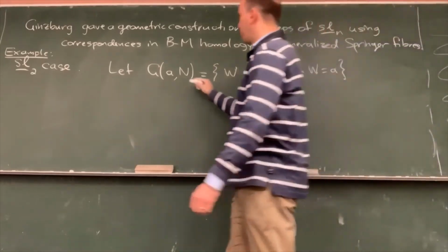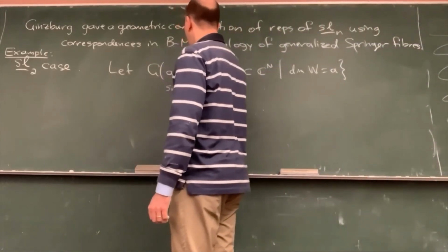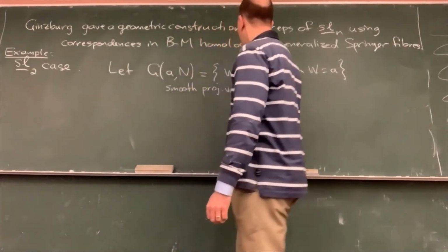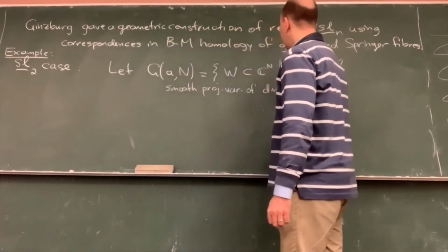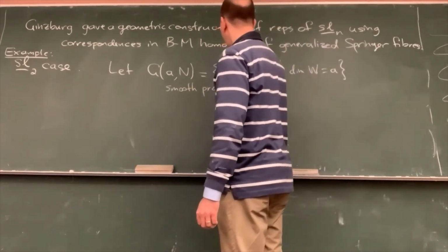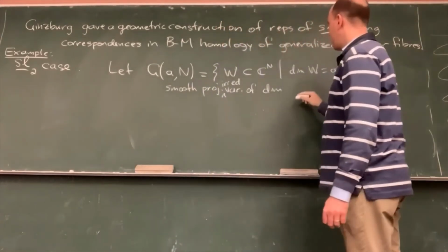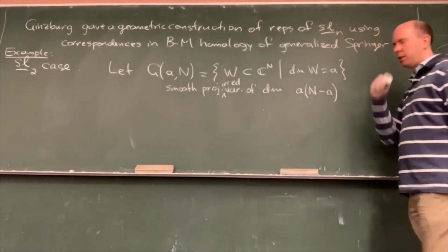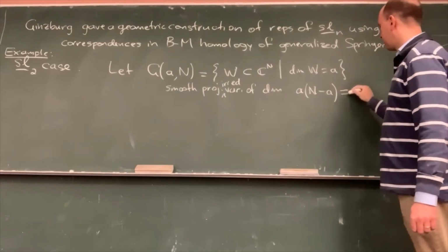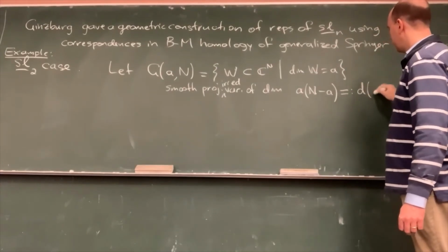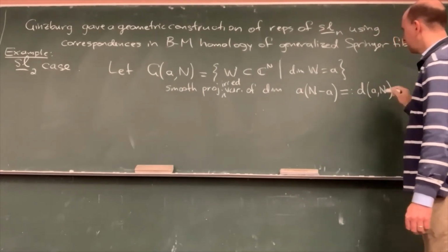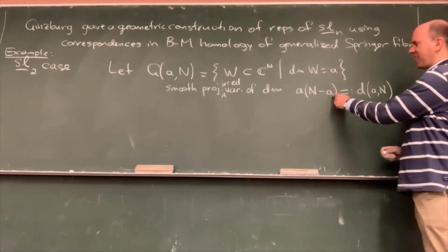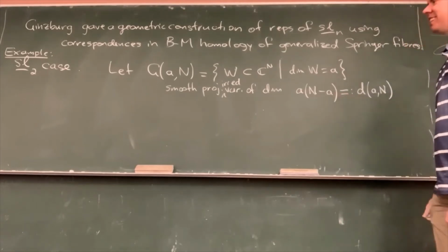So this is a smooth projective variety, and irreducible, of dimension a times (n minus a). And because I'm going to have to write that a lot, I'll call it d(a,n), which doesn't look much shorter, but it'll be shorter once a starts becoming more complicated symbols.